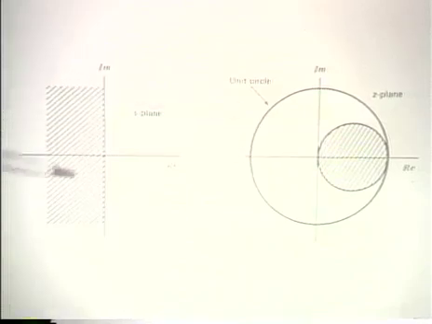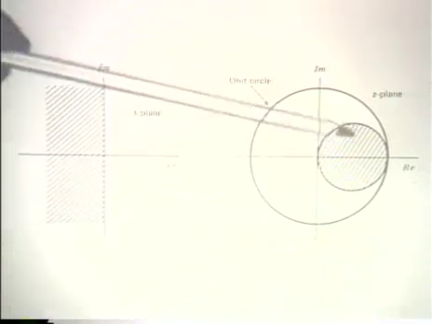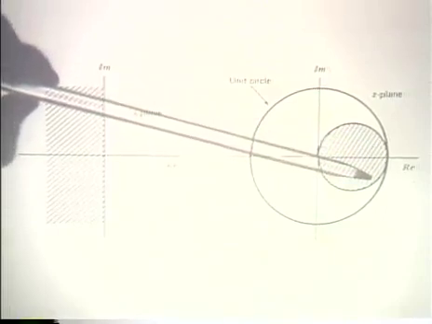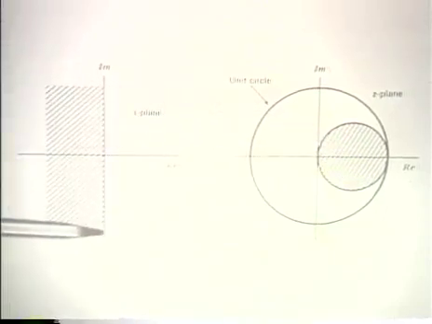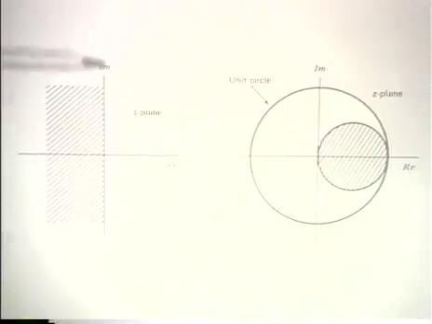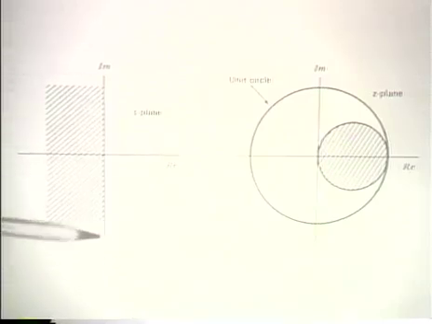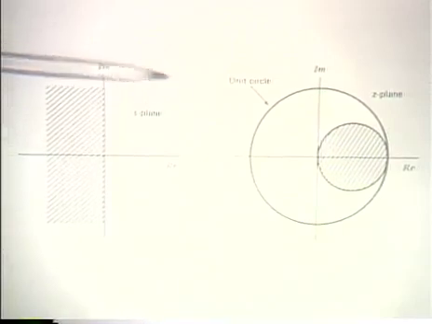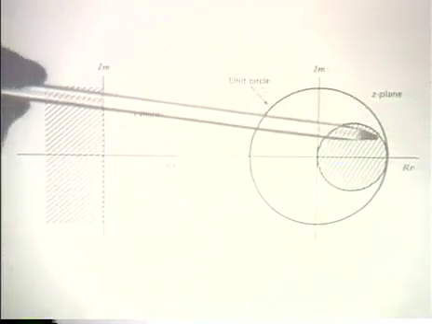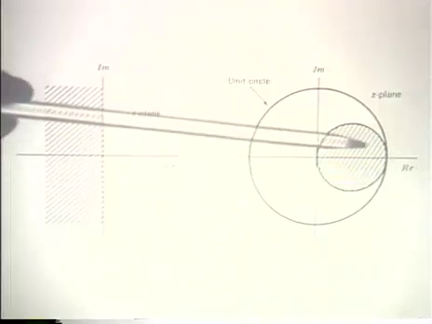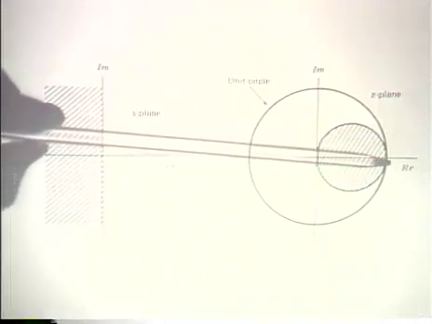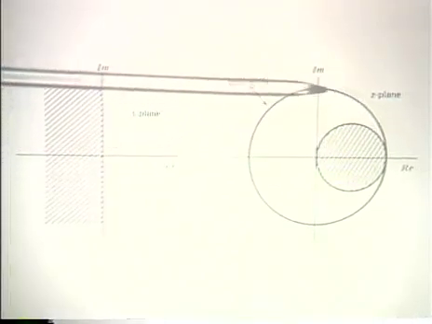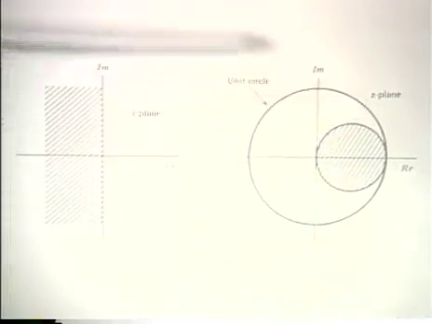The left half of the S-plane maps to the inside of that circle. What does that mean? That means that if we have a really good frequency response characteristic along this contour in the S-plane, we'll see that same frequency response along this little circle. That's not the one that we want, though. We would like to see that same frequency response around the unit circle.